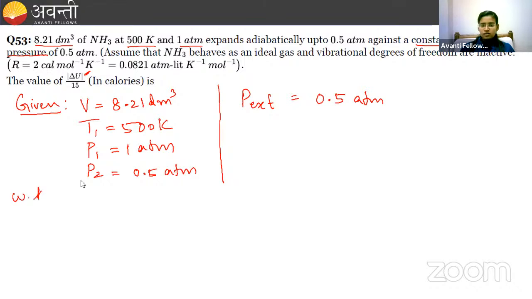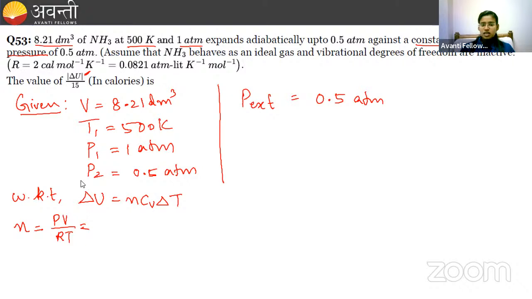We know that del U is equal to n Cv del T. Okay. So how to find out the number of moles? Using the PV by RT formula. We know that PV is equal to nRT, right? Using this formula, we can find out.